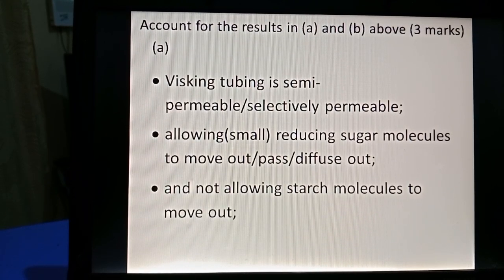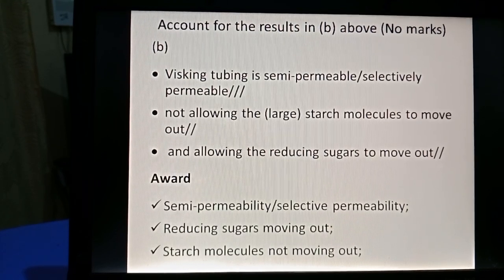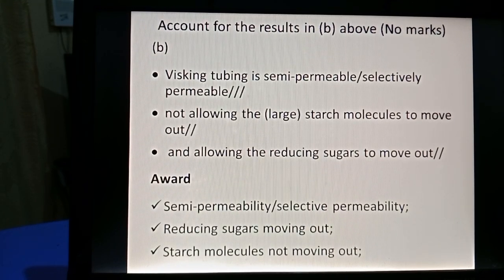Account for the results A and B above, 3 marks. A, Visking tubing is semi-permeable, selectively permeable, allowing small reducing sugar molecules to move out, pass, diffuse out, and not allowing starch molecules to move out. Account for results in B. Here you don't give a mark.